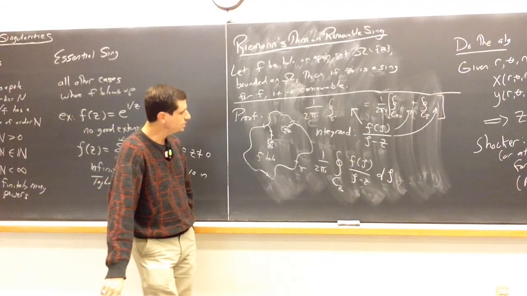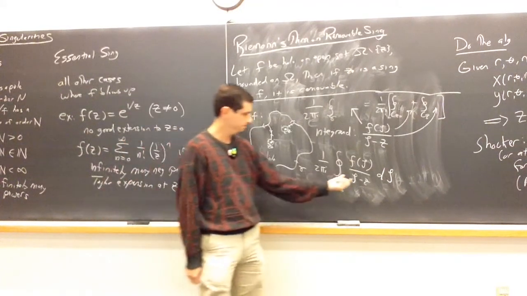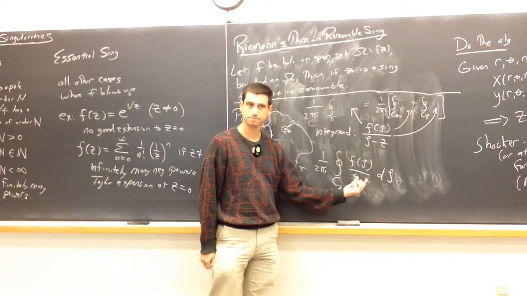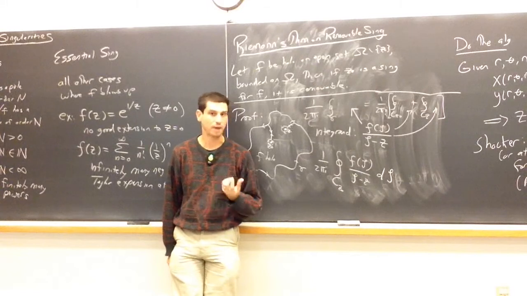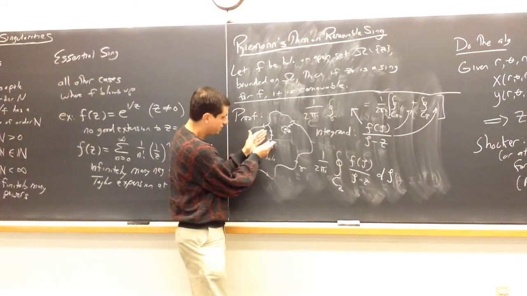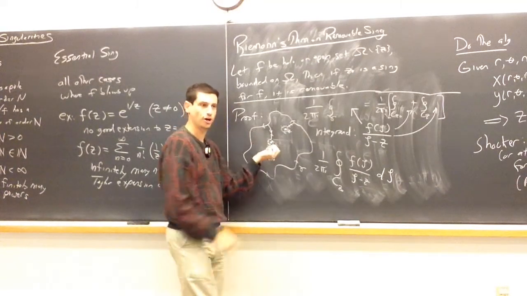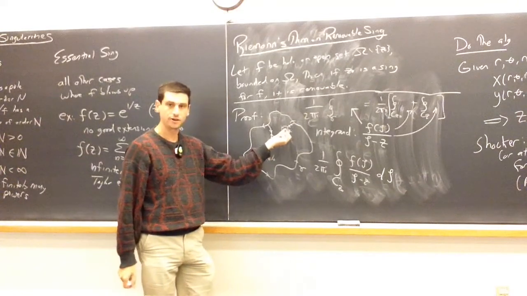Okay, what can we say about zeta minus z? It's bounded. We can choose the radius of these circles so small that this circle stays away from z.